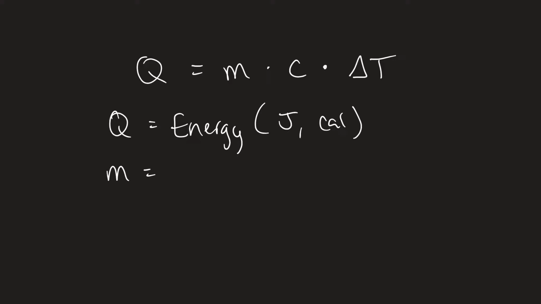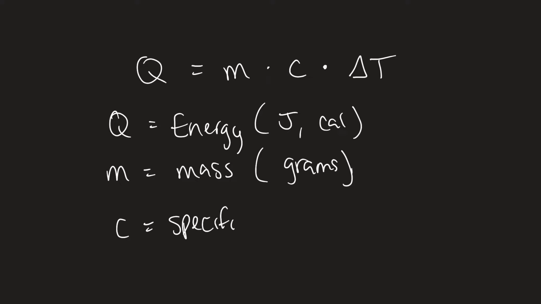All right. M is your mass. And so sometimes your mass could be in grams, and most times you want it in grams. But you'll find that sometimes it will say kilograms or whatever the case is. But if that's the case, you will always want to convert it to grams. C is your specific heat capacity.